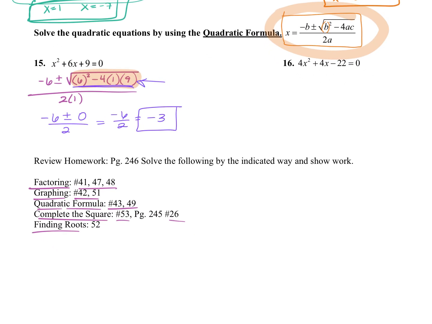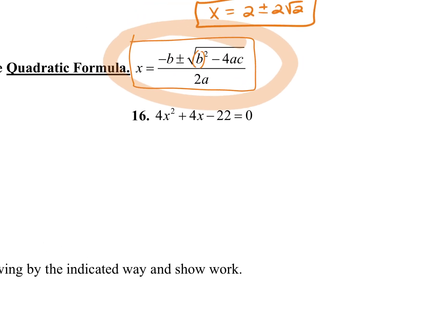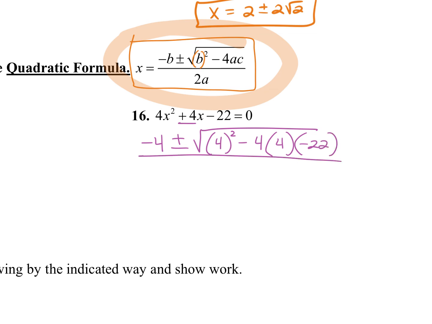This one's a lot fancier. Quadratic formula says x equals negative b, so negative 4, plus or minus the square root of 4 squared minus 4 times 4 times negative 22, over 2 times 4.